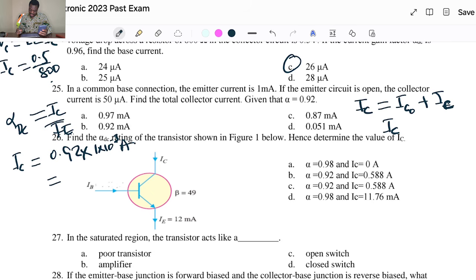Now we can come and replace here. I have my initial collector current being 50 micro, so 50 times 10 to the power minus 6 plus 0.92 times 10 to the power minus 3.